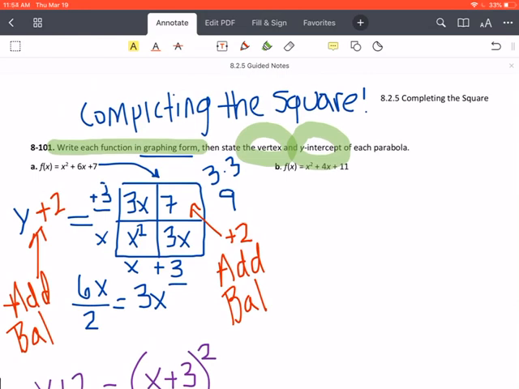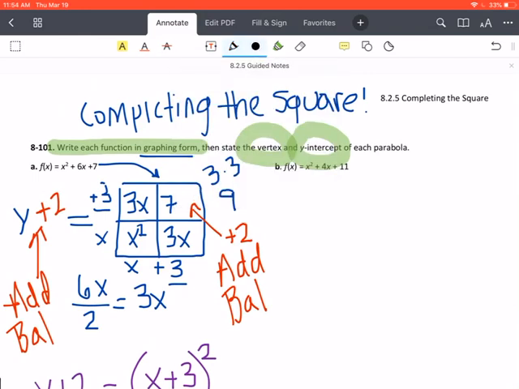So again, if you're very uncertain, you can go ahead and keep playing, but if you think you've kind of caught on, or if you think you can follow your notes, now it's your turn to practice with taking x squared plus 4x plus 11 and putting it into graphing form. Okay, so go ahead and pause, and then you can play and see if you got the right answer.